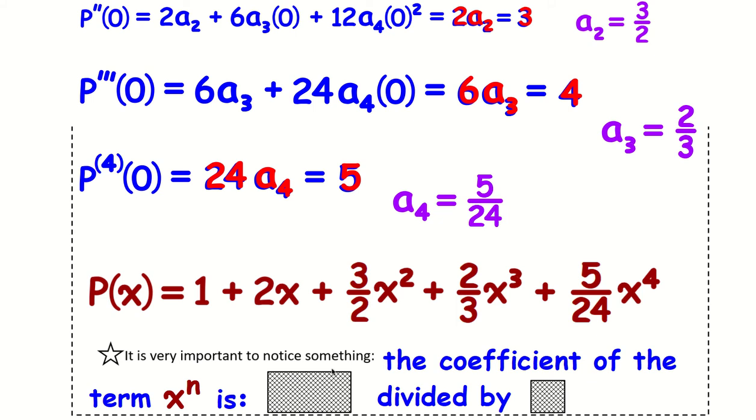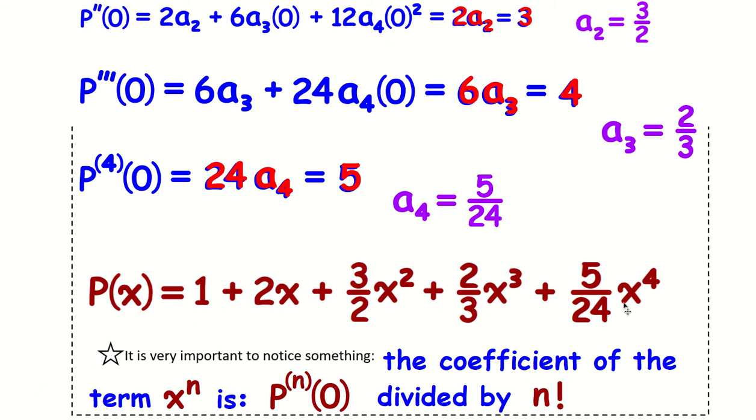And it turns out that it's whatever you get by plugging in 0 to the nth derivative. Like for x to the second power, it'd be like plugging in 0 to the second derivative. So apparently 3 is what you get when you plug in 0 to the second derivative, divided by n factorial.